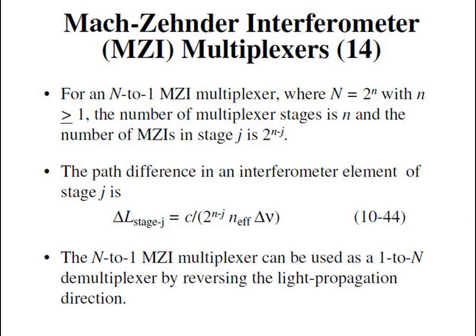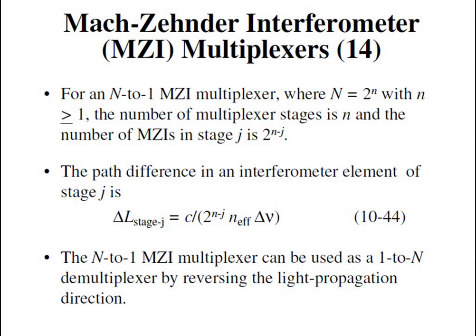So that was for a 4 into 4 MZI multiplexer. Now for an N to 1 MZI multiplexer, where N is equal to 2 raised to n, with n greater than or equal to 1, the number of multiplexer stages is n and the number of MZIs in stage J is 2 to the power n minus J. The path difference in an interferometer element of stage J is C divided by 2 raised to n minus J times n effective delta nu.